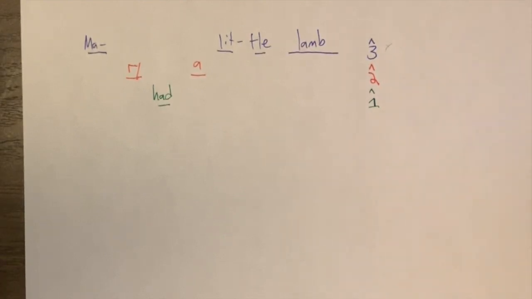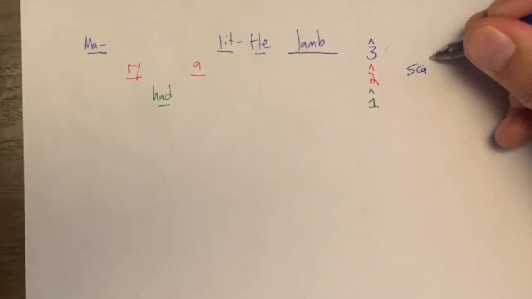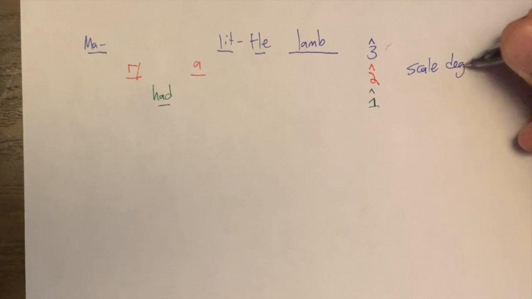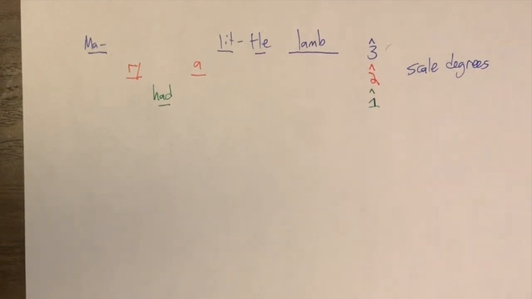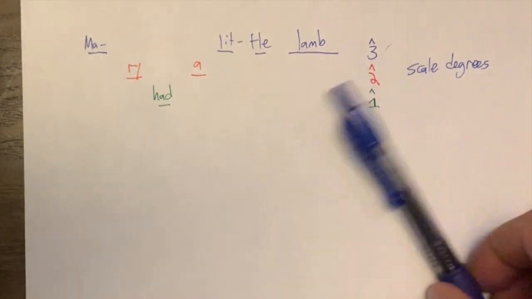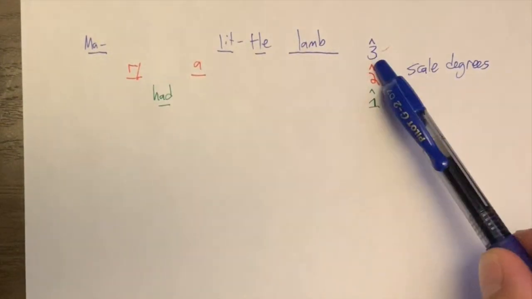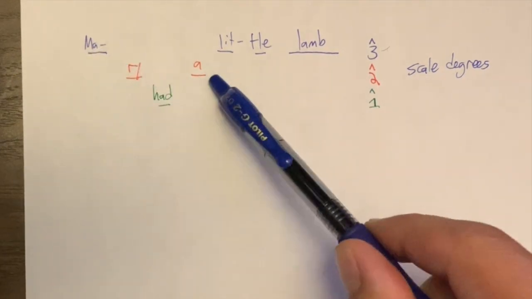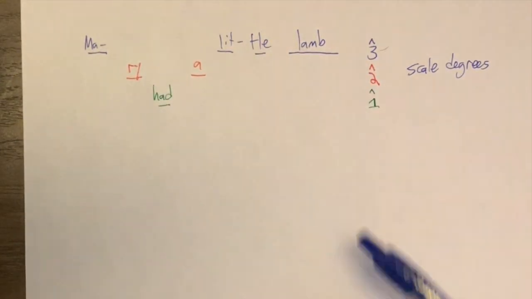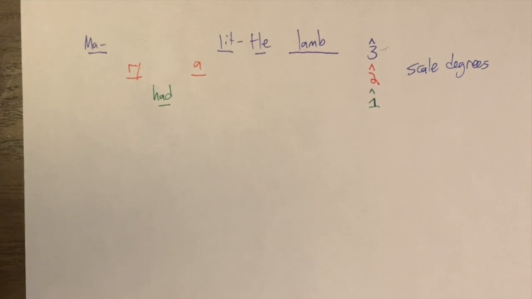And scale degrees are how we talk about steps on a scale. So in this song, we could sing it, Mary had a little lamb, but we could change it to these numbers. 3, 2, 1, 2, 3, 3, 3, right? This is actually the actual numbers we would use for this.